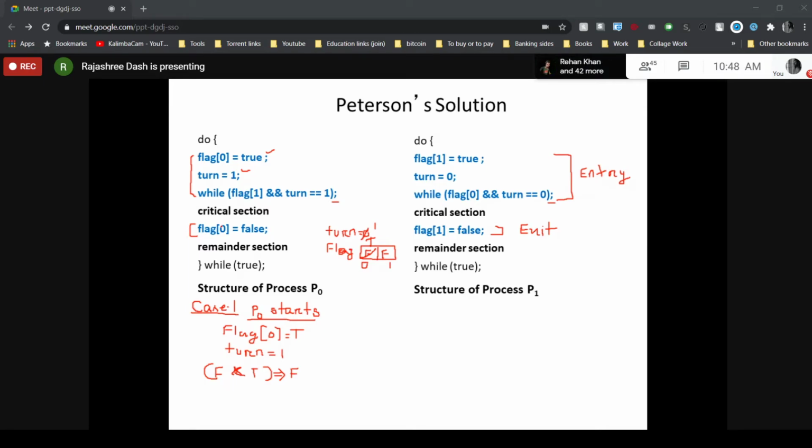What will happen to P0 now? If the while condition is false, it is not going to execute this semicolon. So what will it do? It will enter its critical section. So now P0 enters the critical section.